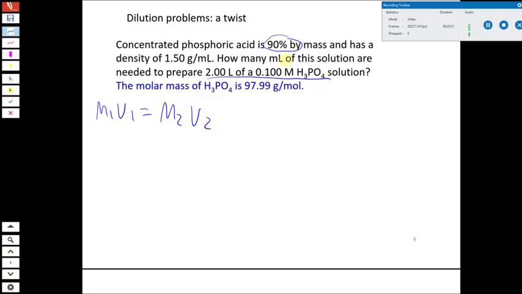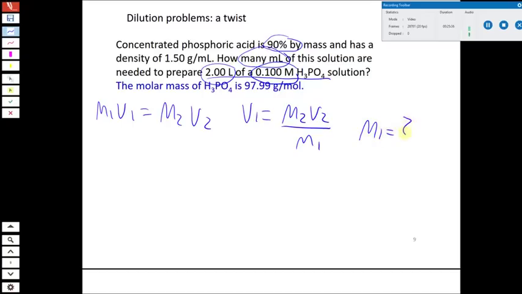We're looking for how many milliliters of the initial solution do we need to prepare 2 liters of 0.1 molar. So we're going to solve for V1 again, M2V2 over M1. The difference here is that we're given M2, which is our dilute molarity of 0.1. We're given V2, which is 2 liters of that final solution, but we're not directly given M1 in this problem.